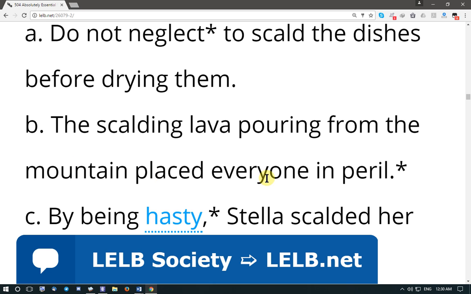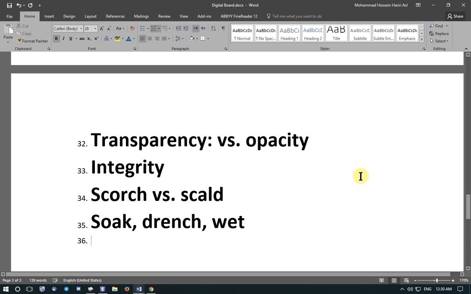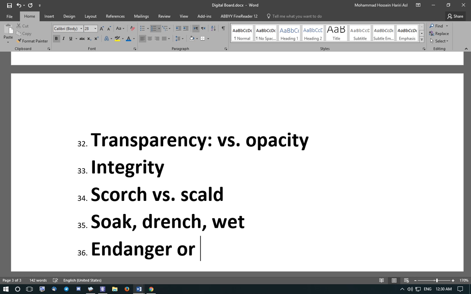Peril means danger, so it endangered, jeopardized, or frightened everybody.